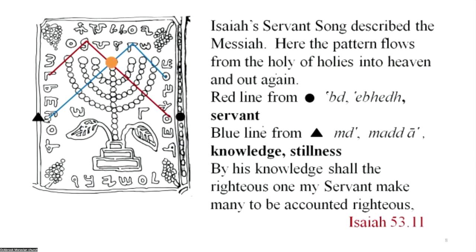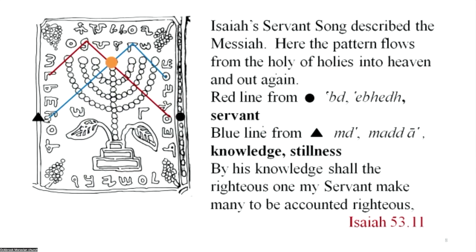Now, this can be interpreted in a rather immoral way, that somehow there was a way around divine punishment, and provided you did the right things and so forth, you could be accounted righteous even though you weren't. Well, that's not what this is about. The servant's knowledge is something that he acquires when he is in the Holy of Holies, because he sees with the eyes of eternity.